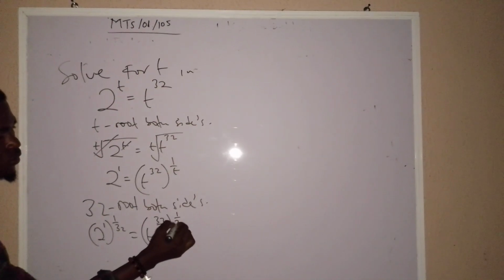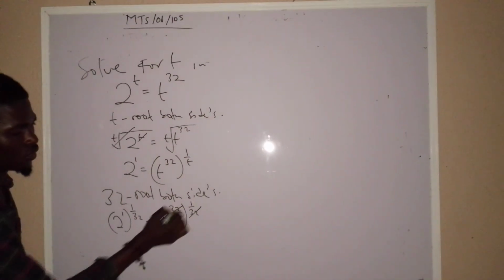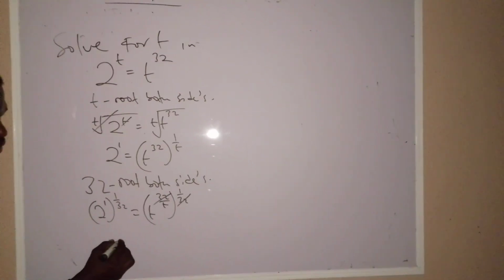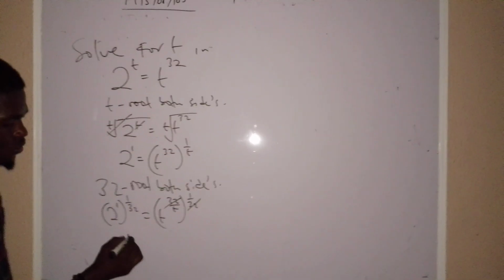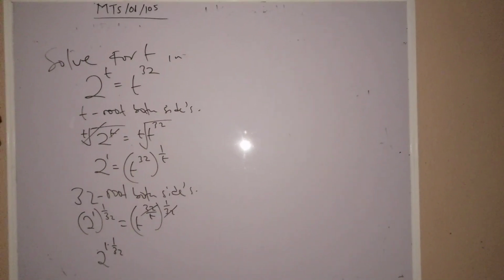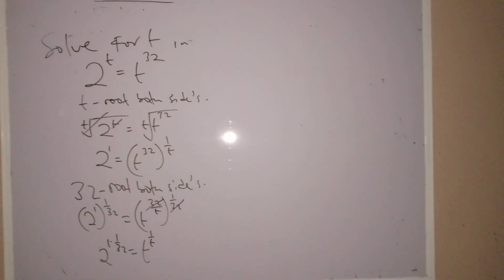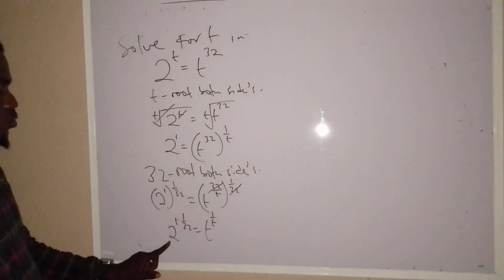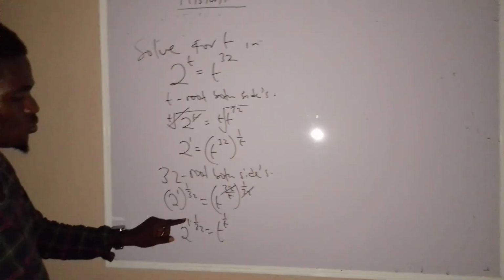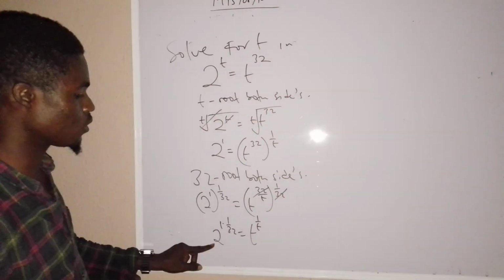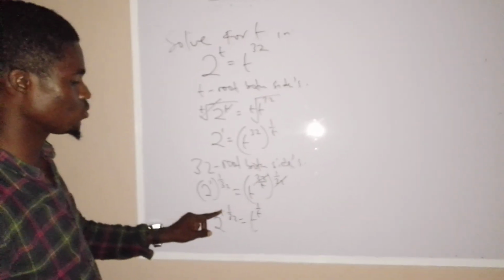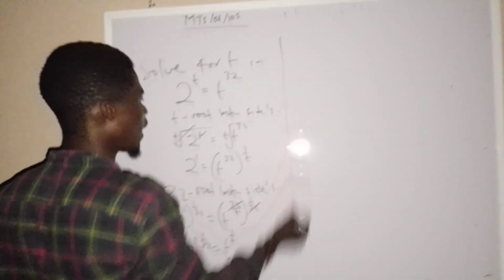Then we have the 32 root of both sides. This one takes care of this one. So it remains 2 raised to the power 1 times 1 over 32 equals 2 raised to the power 1 over 3. Since we are having 2 here, this one becomes 2 divided by 2, because it will give us this one back. That's the principle.